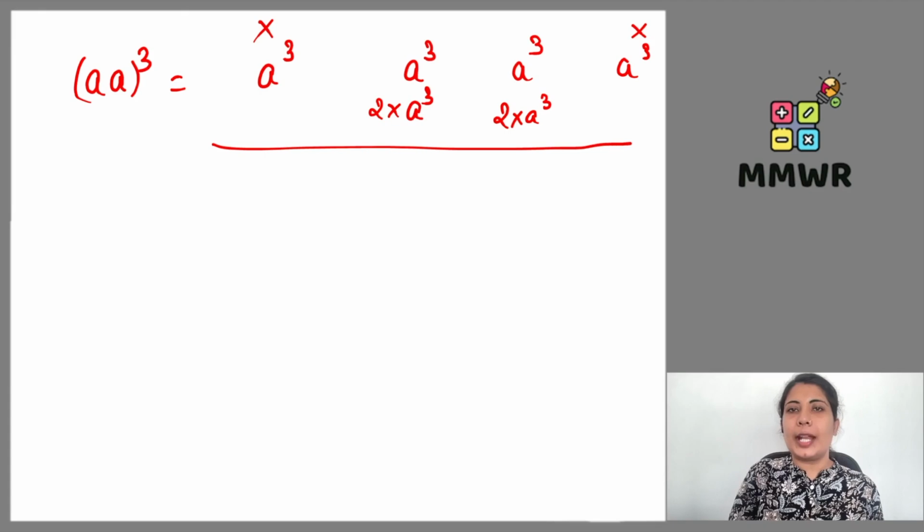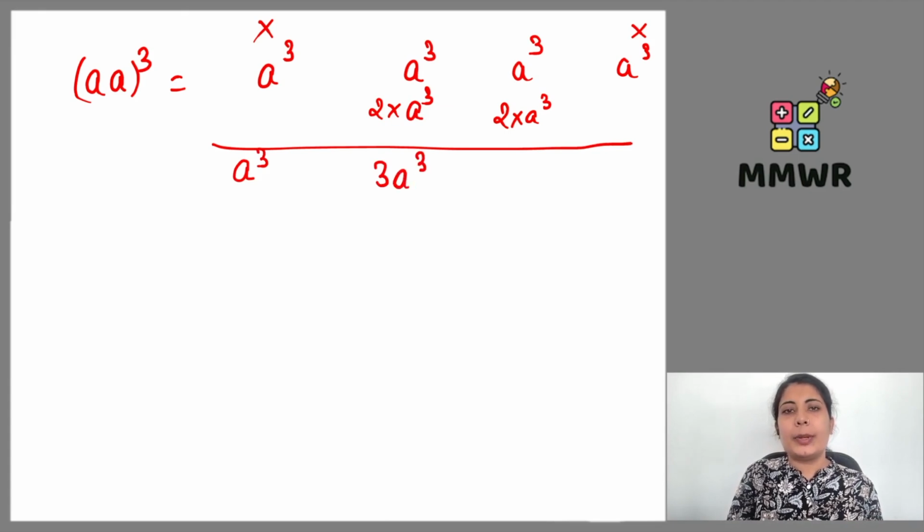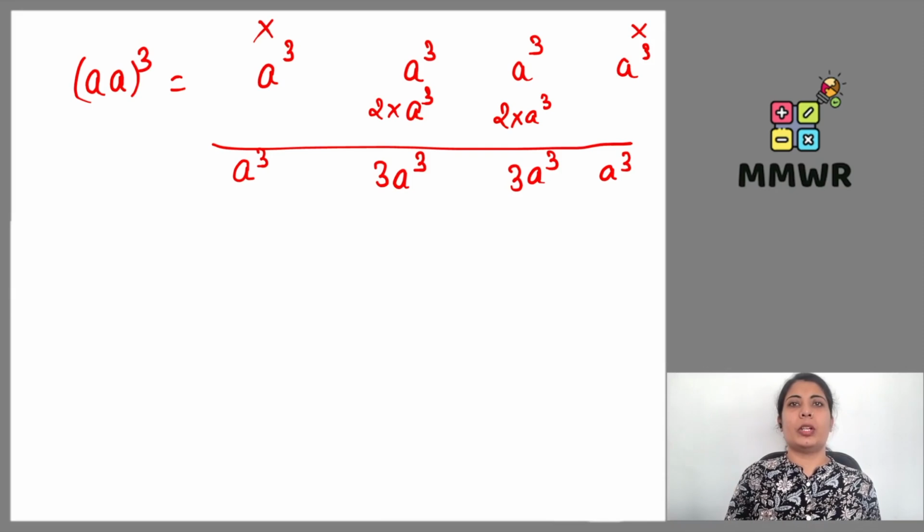Now we keep on adding. While adding, what we will be getting is 3a cube, but actually we have to write only one digit everywhere. The rest will be carried forward to the next column. So this is the pattern.